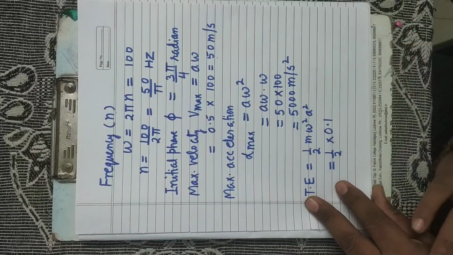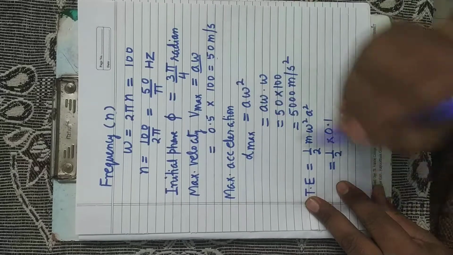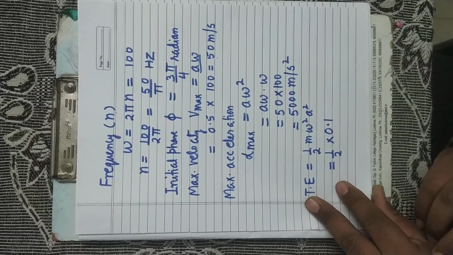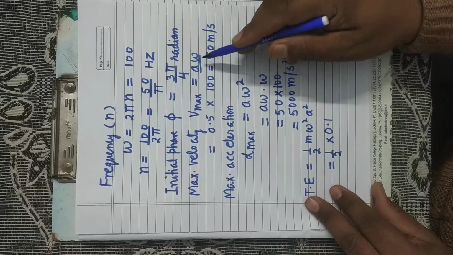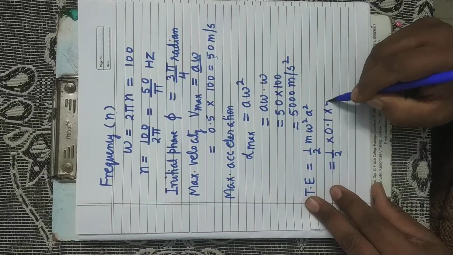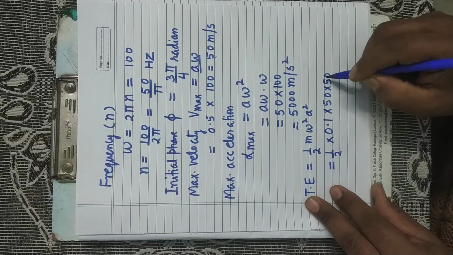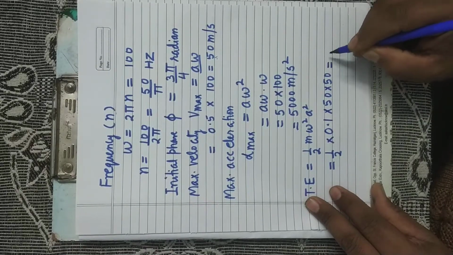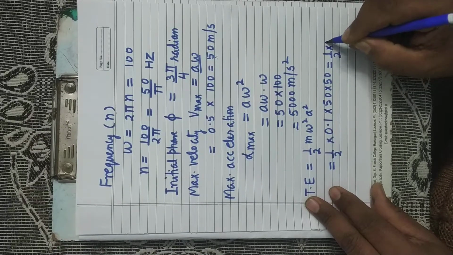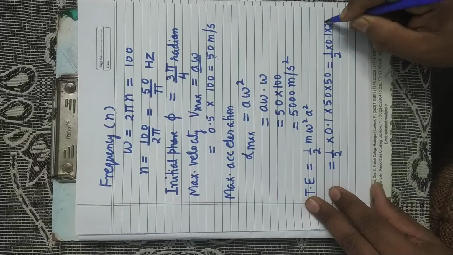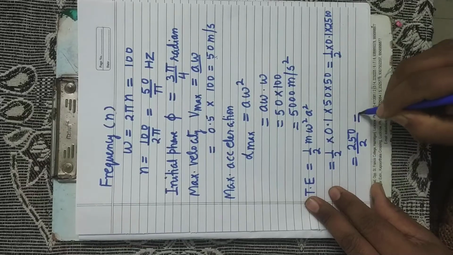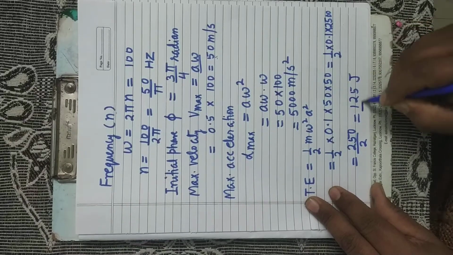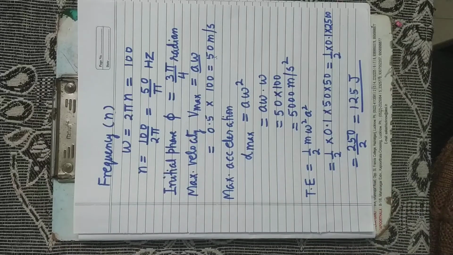Omega square a square is the whole square of a omega, which you have already found, so no need to put in the values once again. You square it: 50 into 50 is 2500. So 1 upon 2 into 0.1 into 2500 becomes 250 upon 2, that is 125 joule.